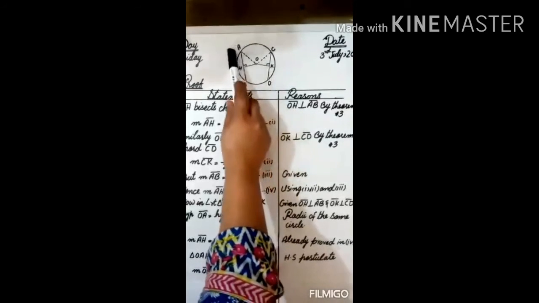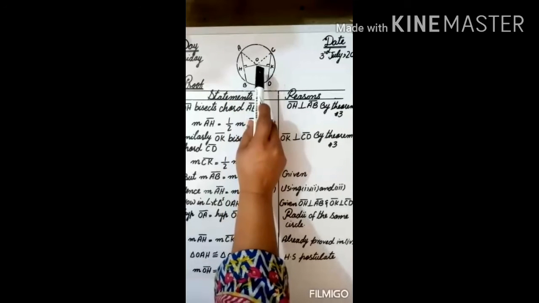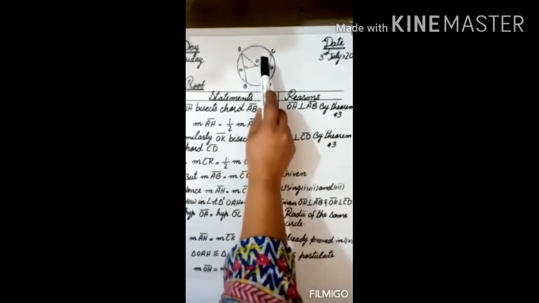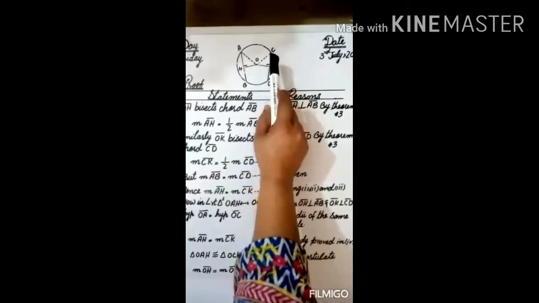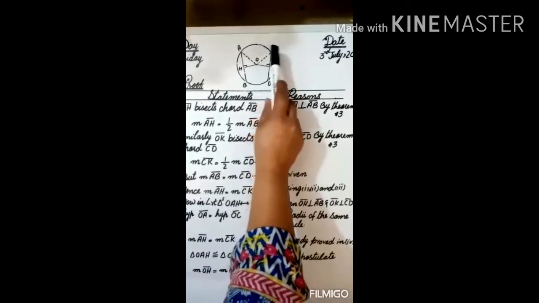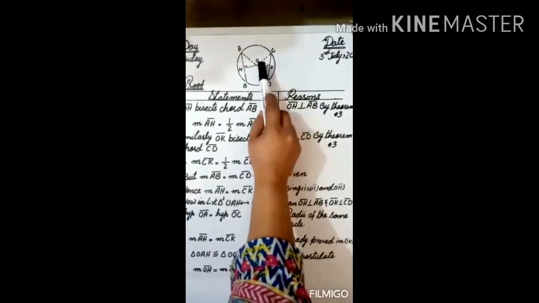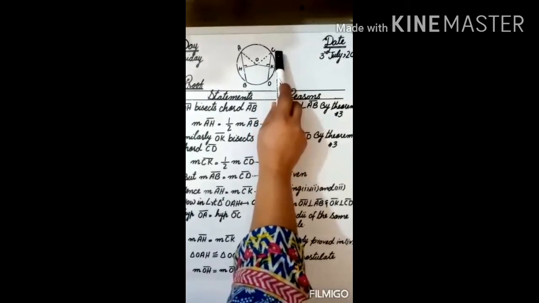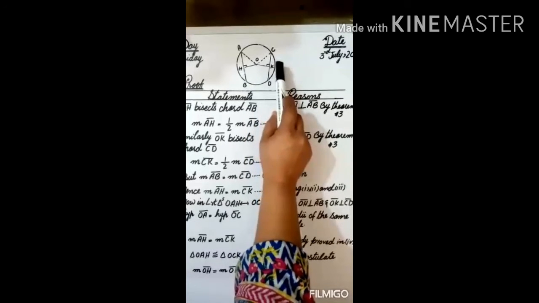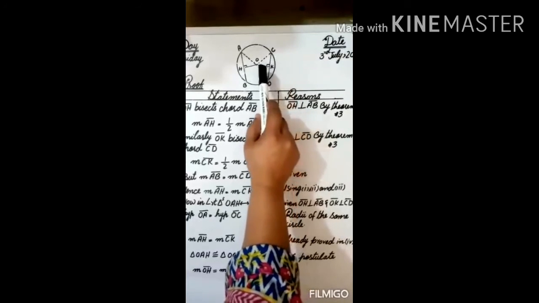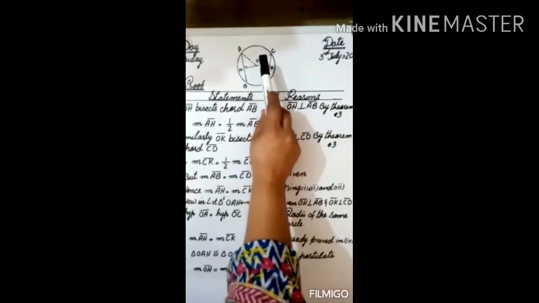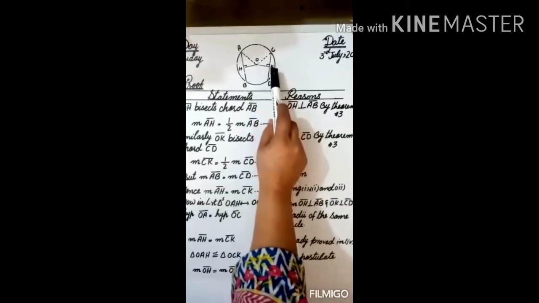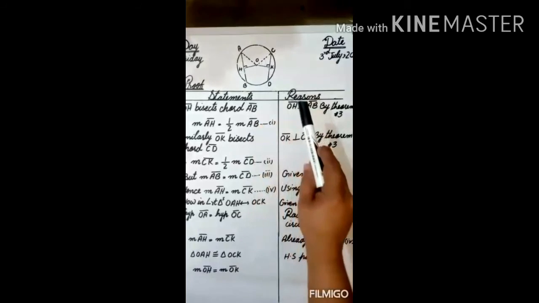Now OA is the hypotenuse and this is equal to the hypotenuse OC of the right angle triangle OCK. OC is the hypotenuse because it is the longer side of OCK and it is also opposite to the right angle.